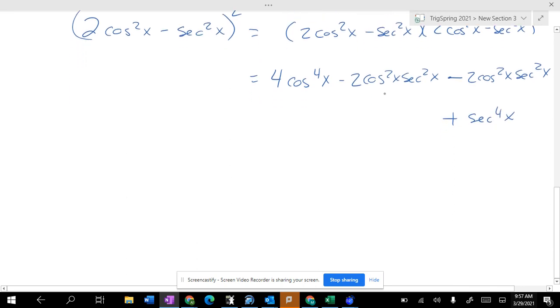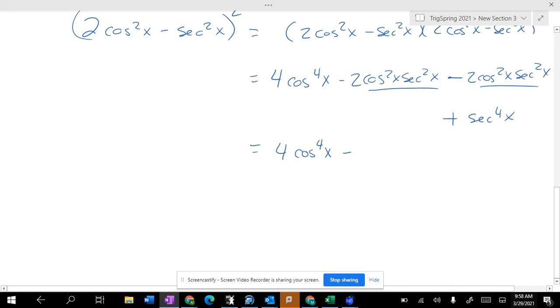Now, what's cosine squared times secant squared? Well, what's cosine times secant? Cosine and secant are what of each other?